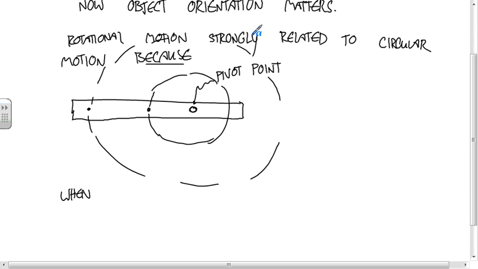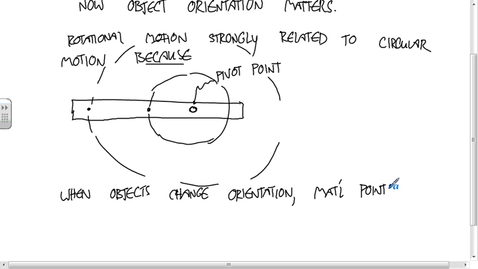So the relationship between circular motion and rotational motion is, when objects change their orientation, material points on the object are in circular motion about the pivot point.